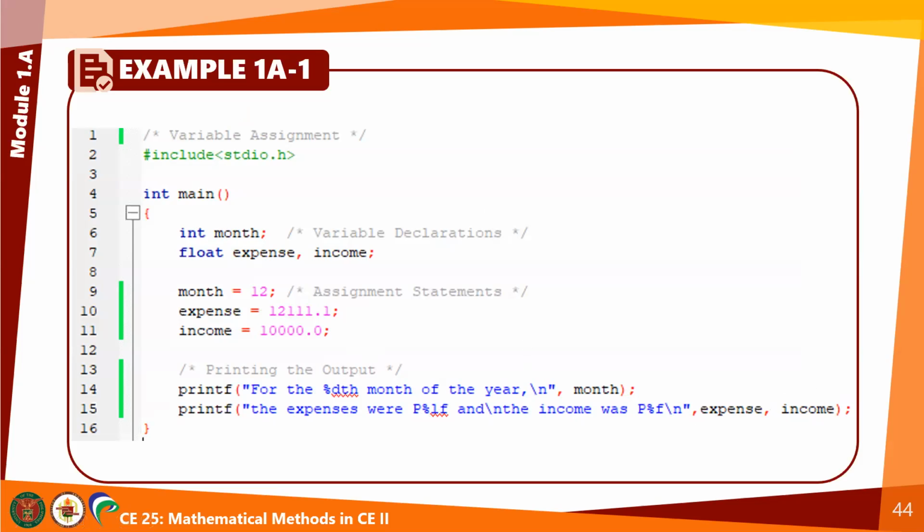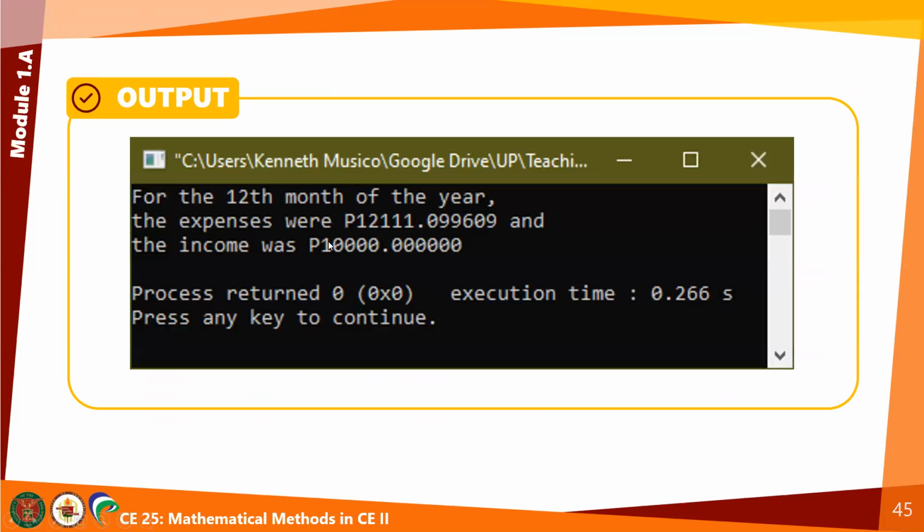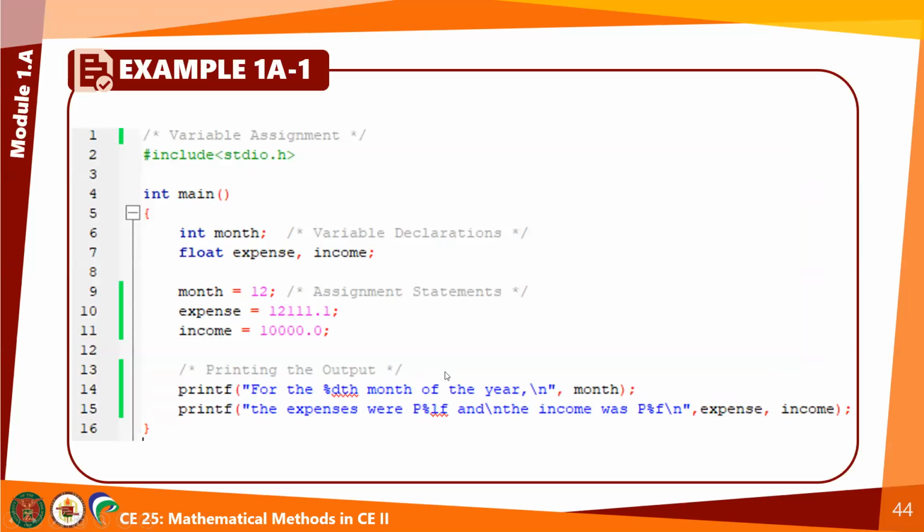So, let's see. The expenses were this and the income was this. So ano kaya yung mali dito? Bakit ito 12.111.099609? Eh 12.111.1 lang naman siya.